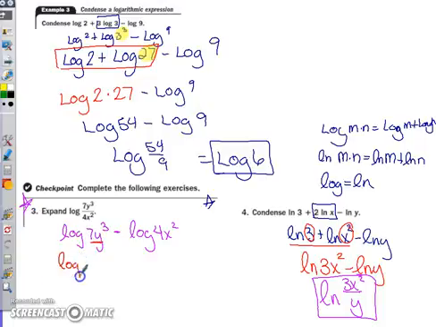So I can say log of 7 plus log of y to the third. Just expanded it. And then I can deal with this one because it has a power that can pop out in front, so there will be 3 log of y plus log of 7. So there we go.